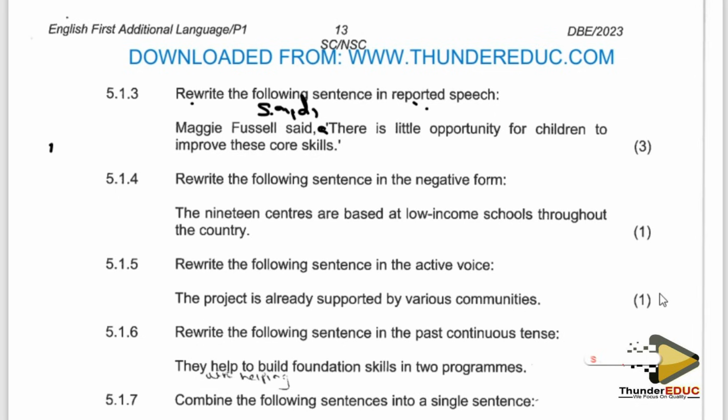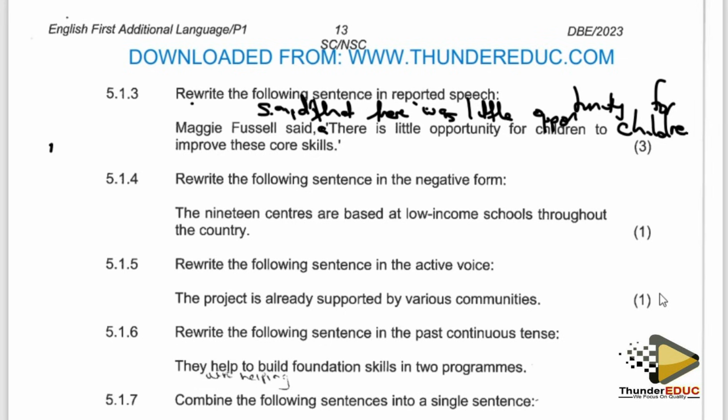We changed the tense, "was." Legal opportunity for children to improve. "These" becomes "those" core skills.